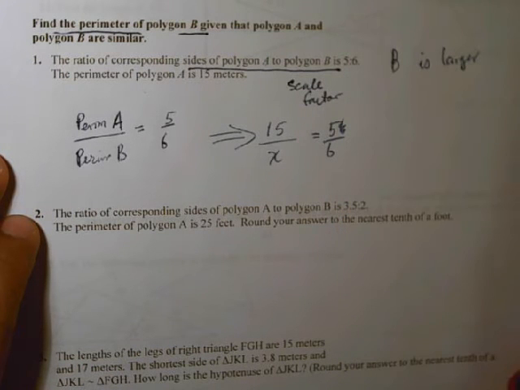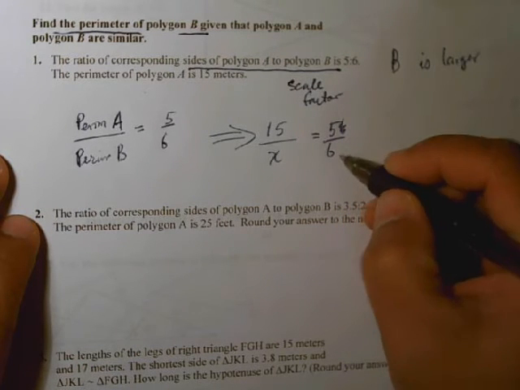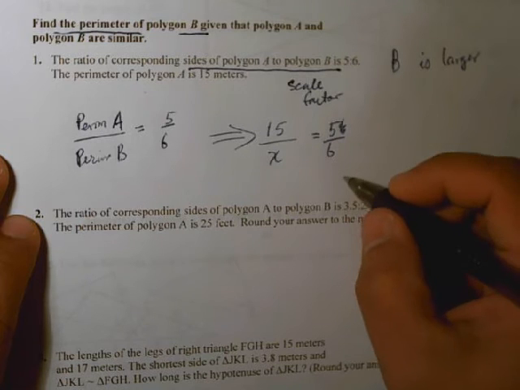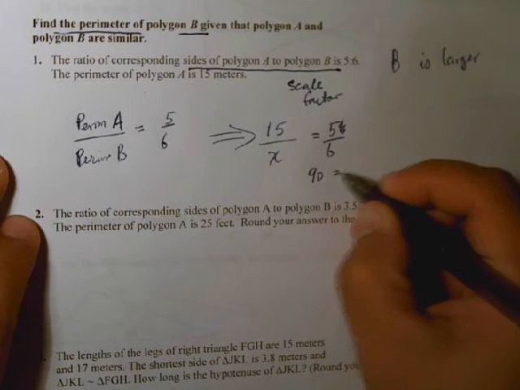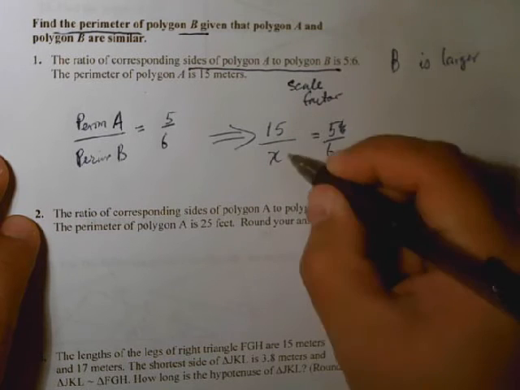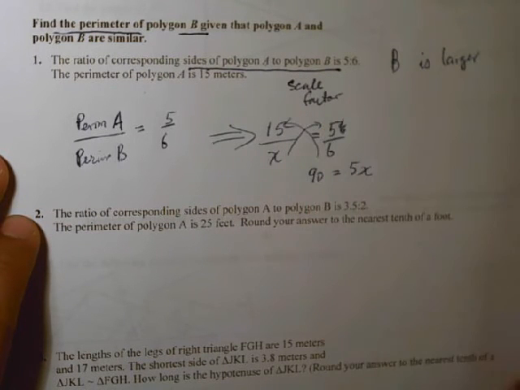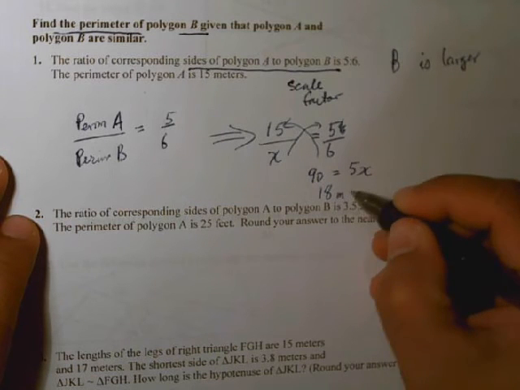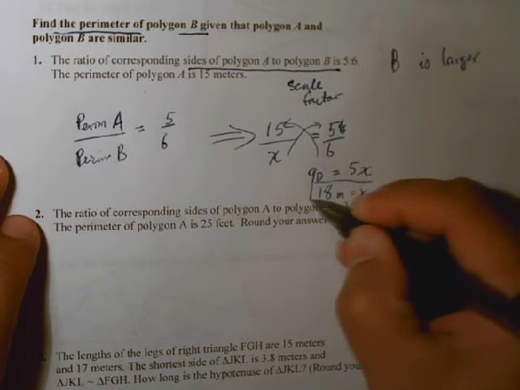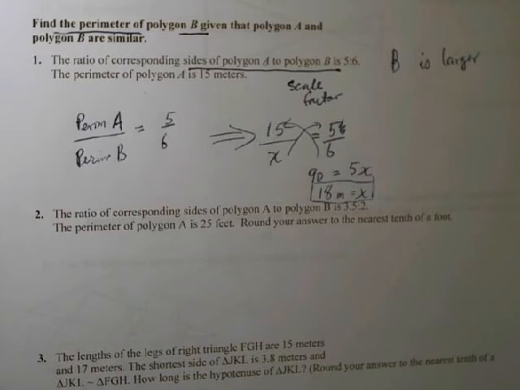Multiply both sides by x, multiply both sides by 6, and we get that 90 is equal to 5x. Many of you know this as cross multiply. And then 90 divided by 5 is 18 meters, and that is equal to x.